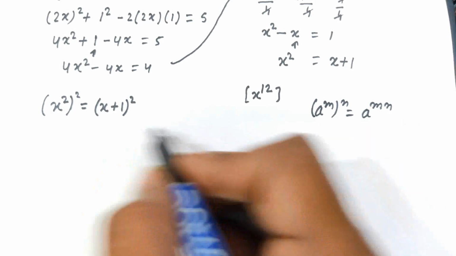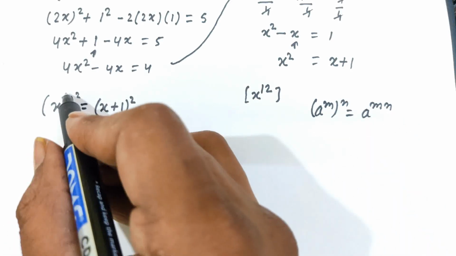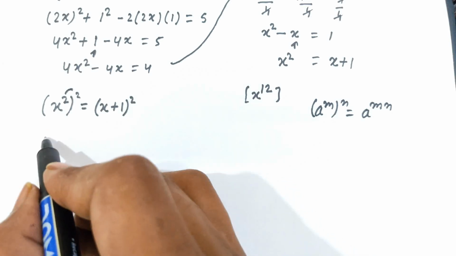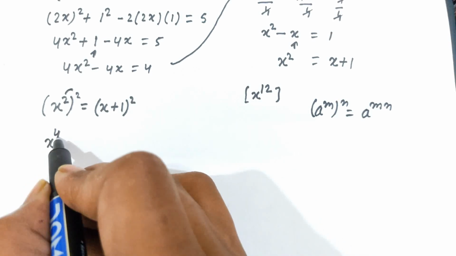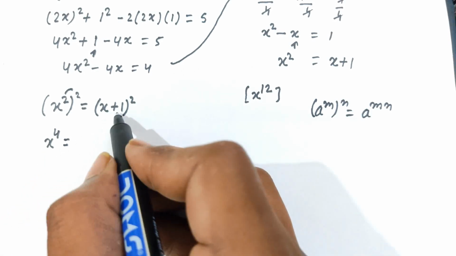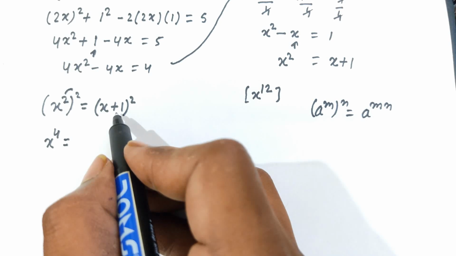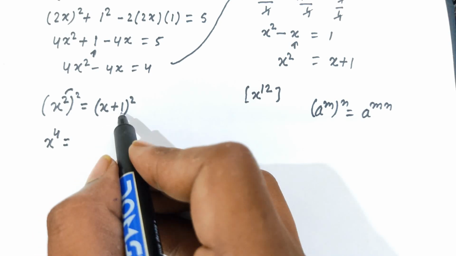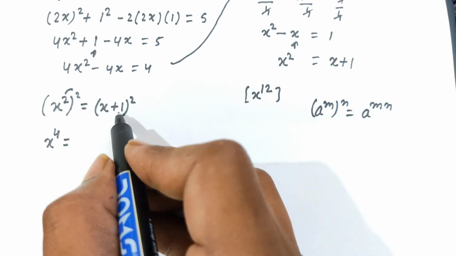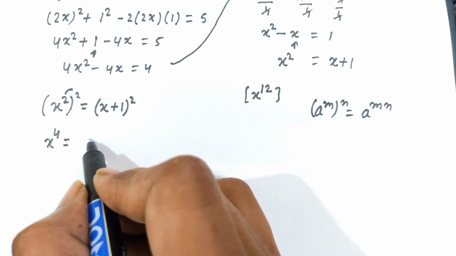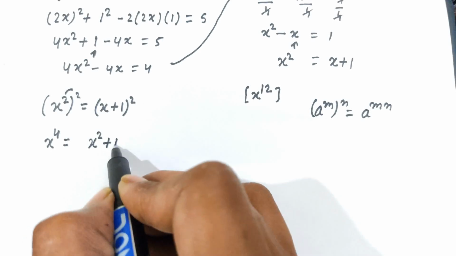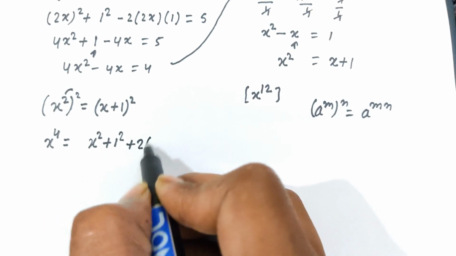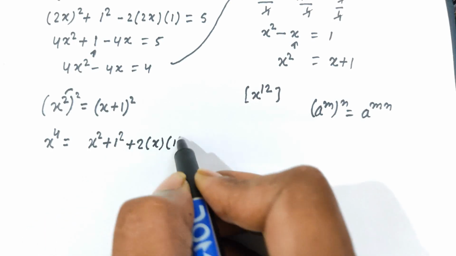If we apply this rule on the left hand side, then this 2 and this 2 are multiplied. Then on the left hand side is x power 4, and this is equal to, here we will apply (a plus b) whole square. And we know that (a plus b) whole square is a square plus b square plus 2 times ab. So here the value of a is x and the value of b is 1. So x square plus 1 square plus 2 times a, that is x, and b, that is 1.